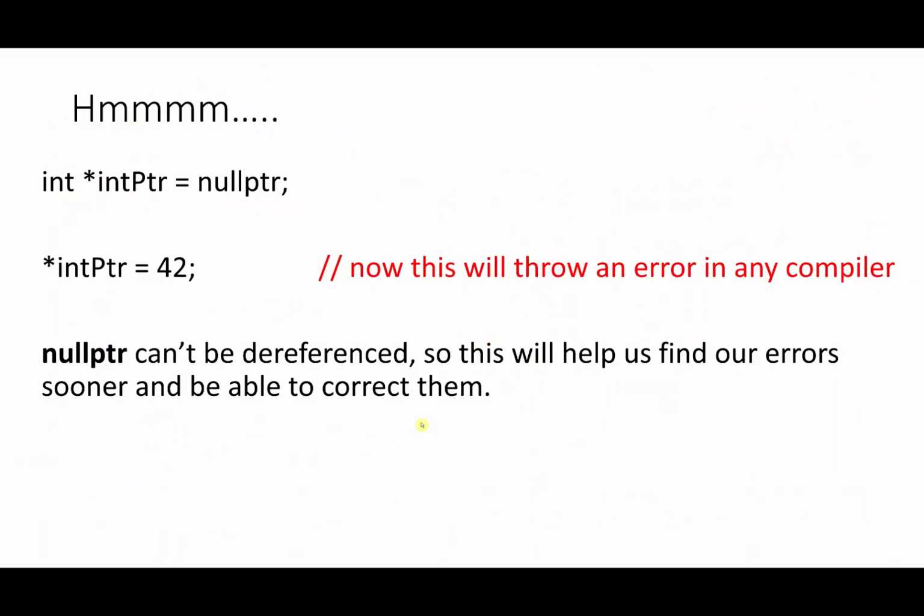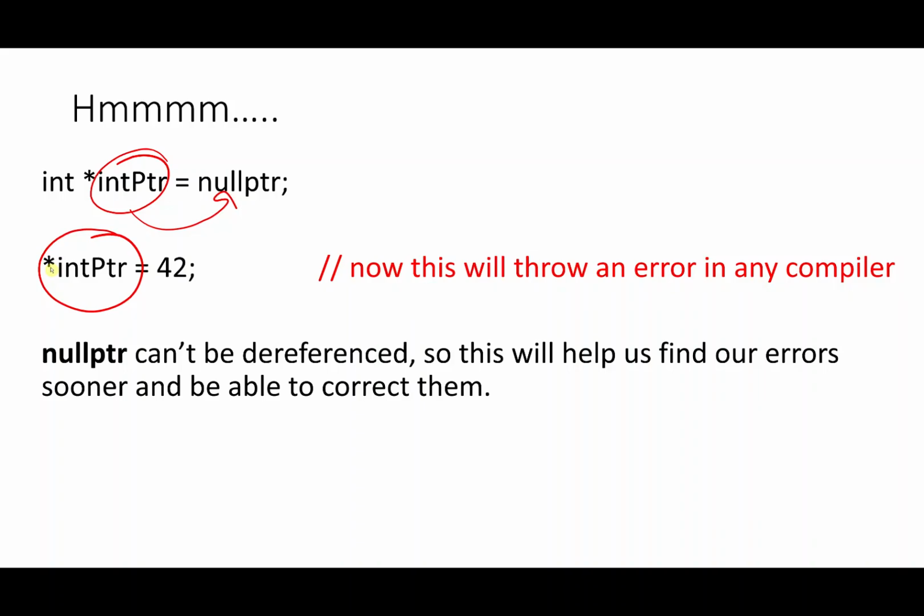Okay, so going back to what we had a couple minutes ago. If I do int asterisk ptr, and my pointer right now is pointing to nullptr, and I try to dereference nullptr to store something, it's going to dereference the nothing.